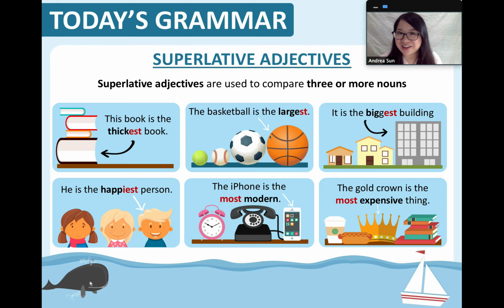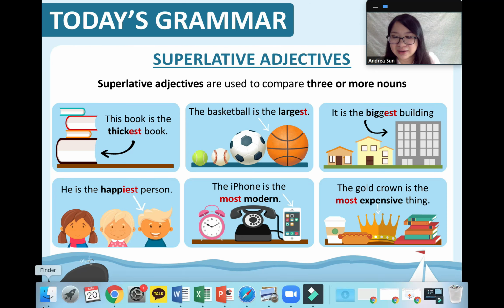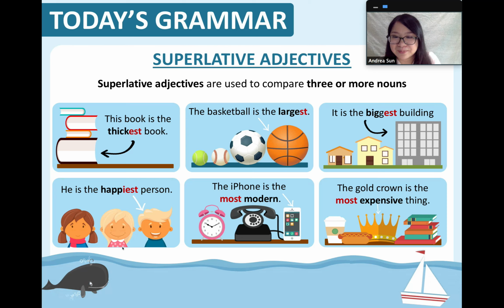What is the pattern in these adjectives? Very good. We use EST: thickest, largest, biggest, happiest. Now look at the spelling. There's something a little bit different in each of these examples. Number 1, we can see EST.